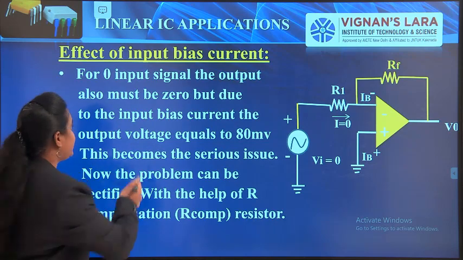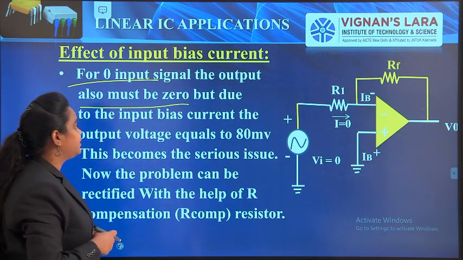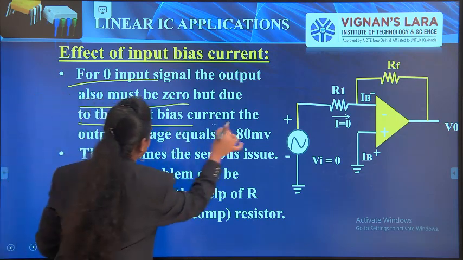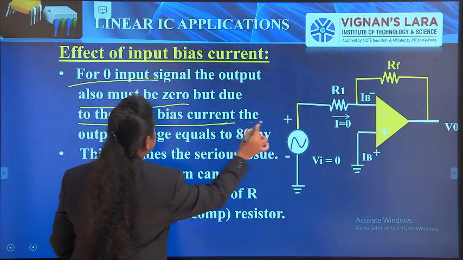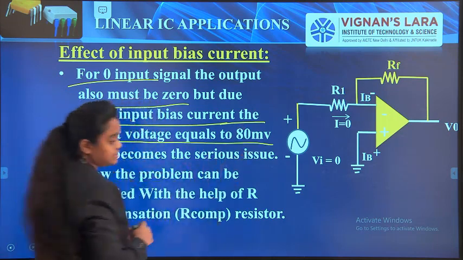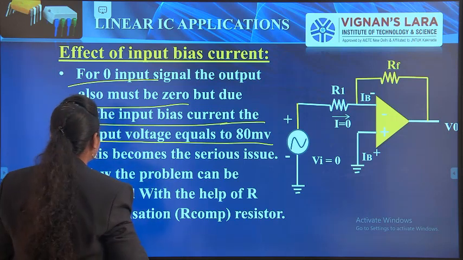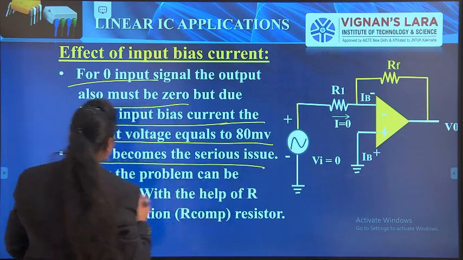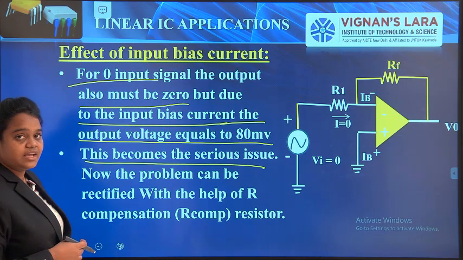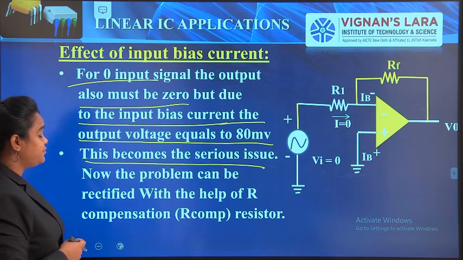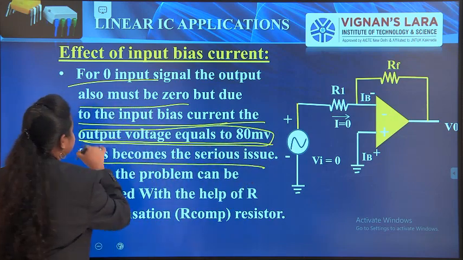But due to the presence of an input bias current, the output voltage is equal to 80 millivolts in the IC 741 op-amp. This becomes a serious issue.